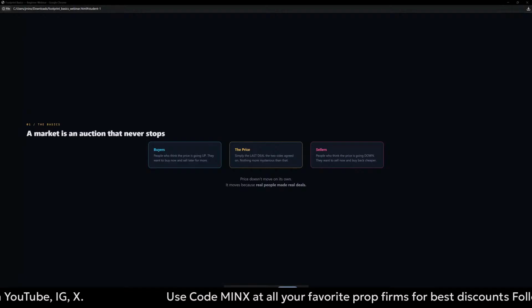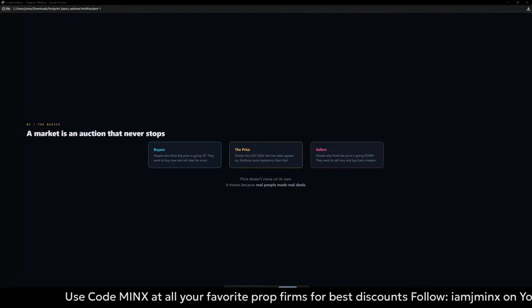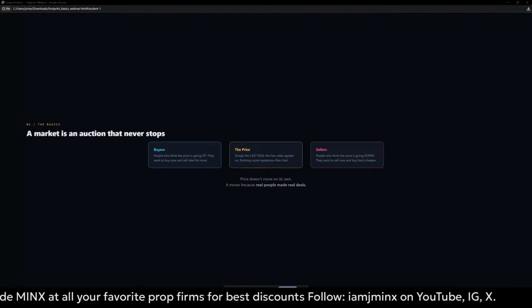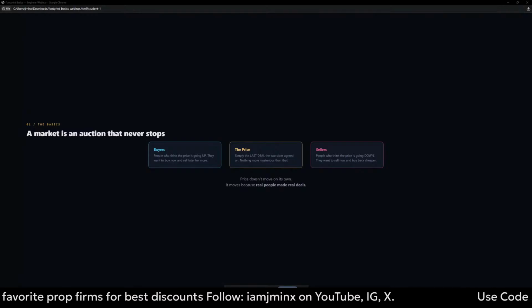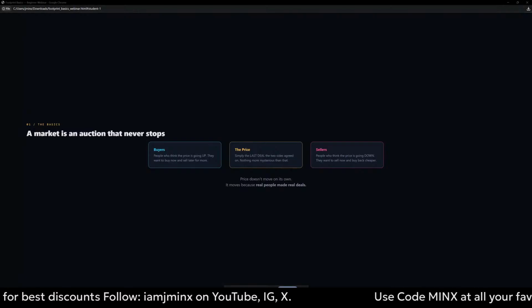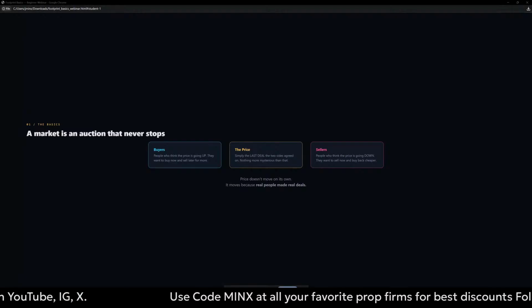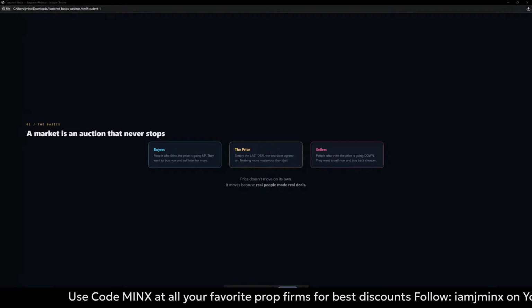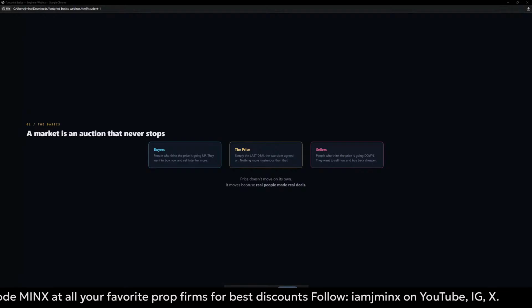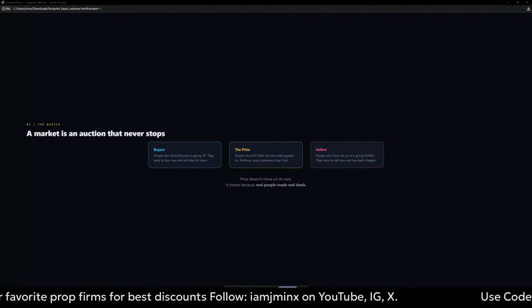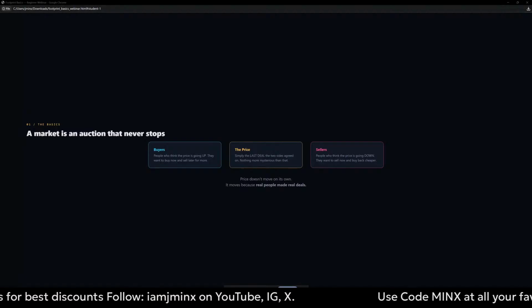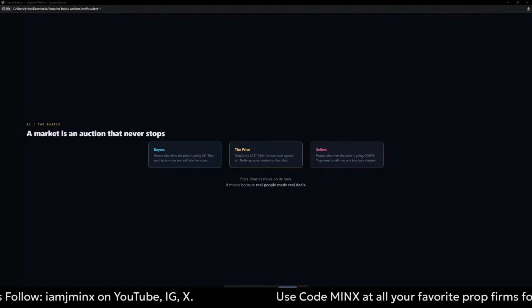On the other side are sellers, people who think it's going down. And the price is nothing more than the last deal those two sides agreed on. So when you see gold tick from 2400 to 2401, for example, that just means someone actually paid 2401 and a real person made a real deal. So that's basically the whole event.